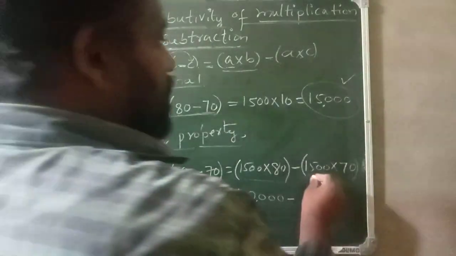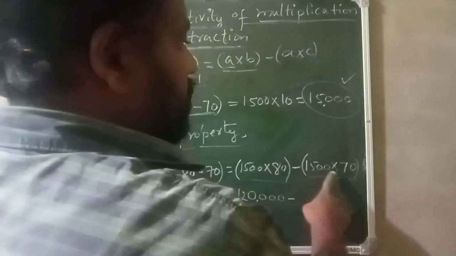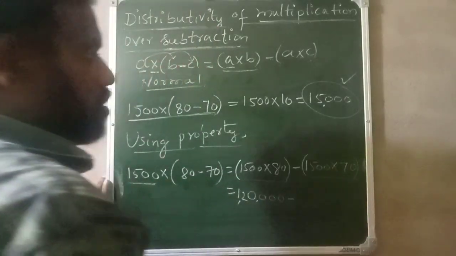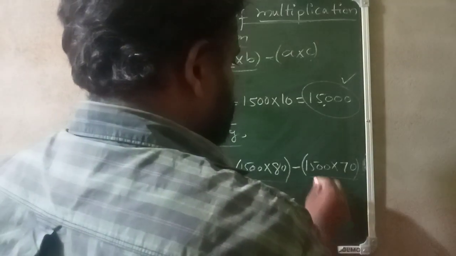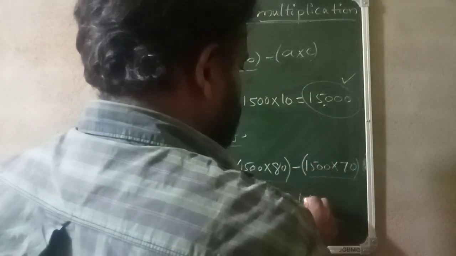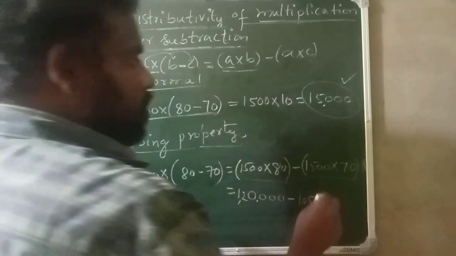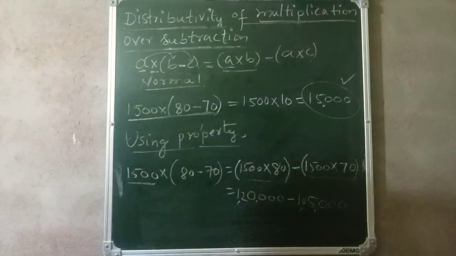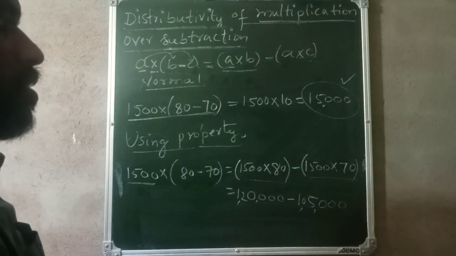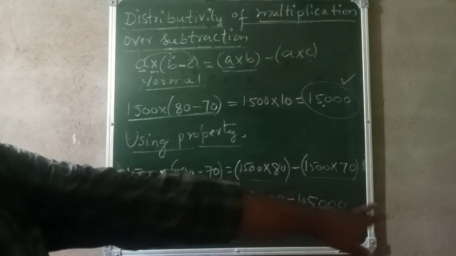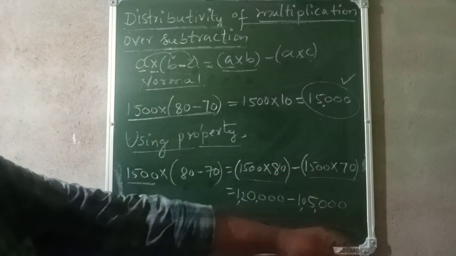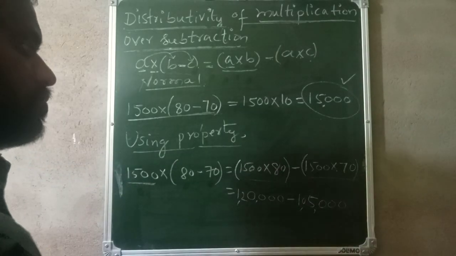Next we have to multiply this 1500 with 70. So 1500 into 70, how much? So 1,05,000. So when you multiply this 1,500 with 70, we get this 1,05,000.